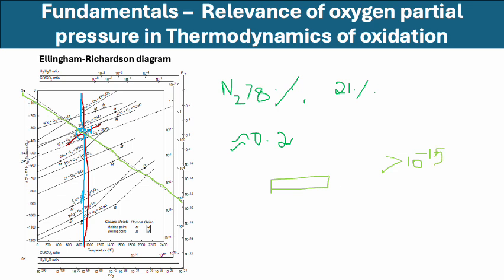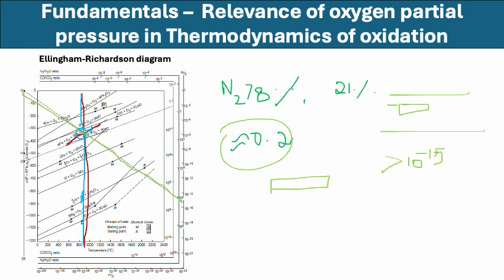So I may ask a question: if we keep iron in open atmosphere and heat it to 800 degrees Celsius, will oxide form or not? The answer is yes, because the atmospheric oxygen partial pressure is 0.2. So you keep a piece of iron in a furnace with air flowing around it.